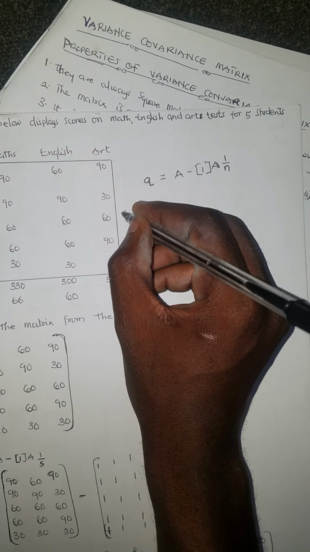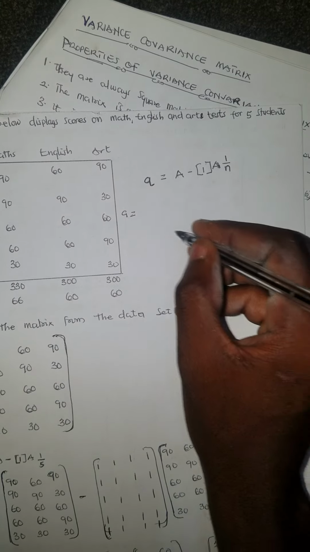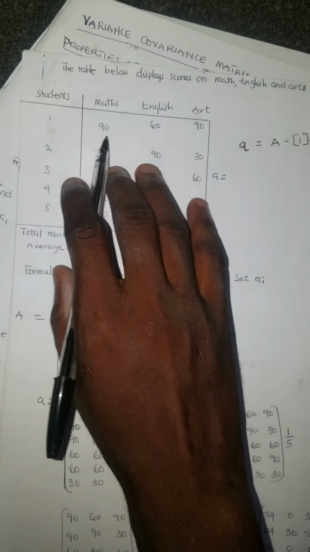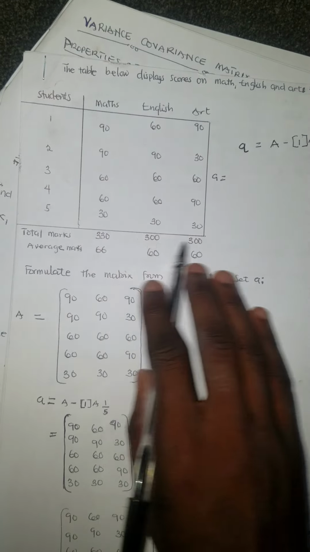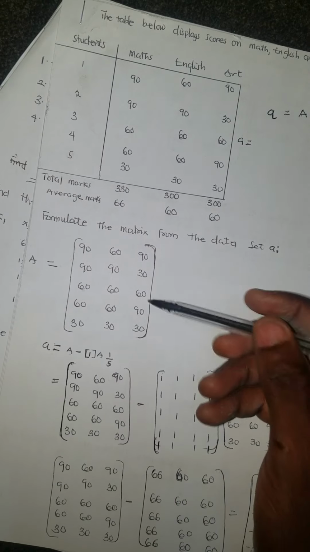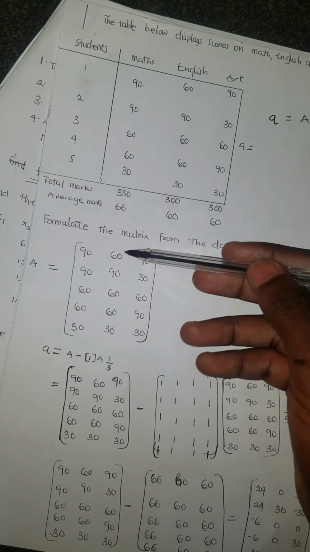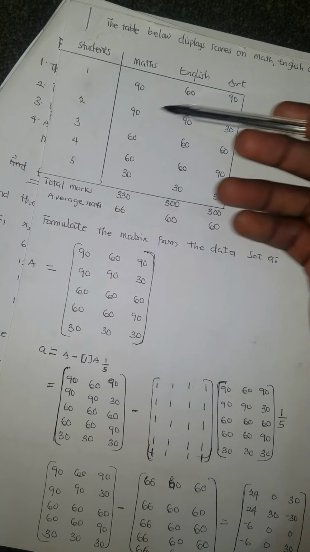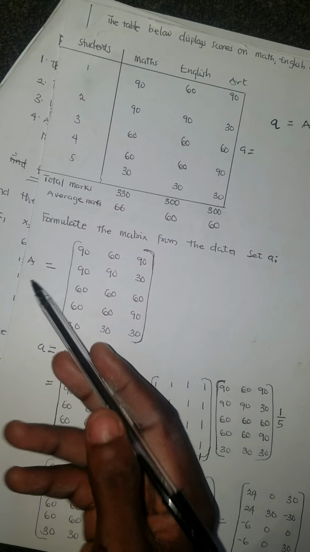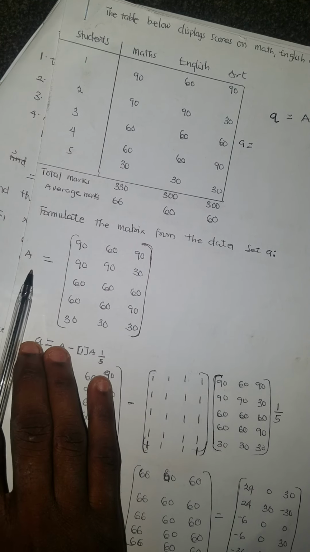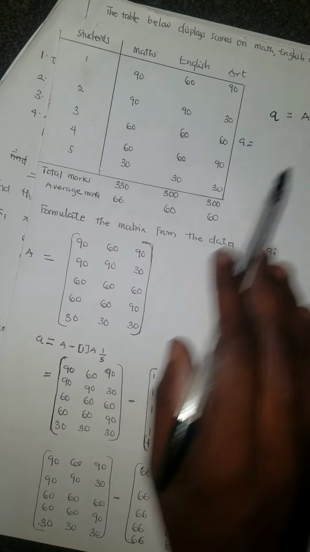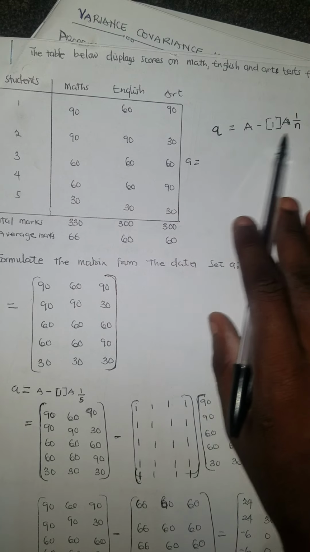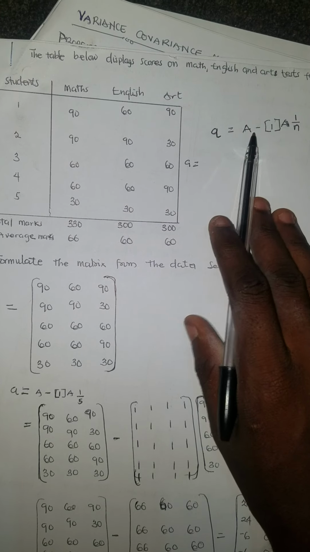Now, this in general can be written as A. You realize that the data set given here can be converted into a matrix by just writing the same thing this way, and I've represented that as my matrix A. In the formula, you see that this is A minus the unitary matrix.